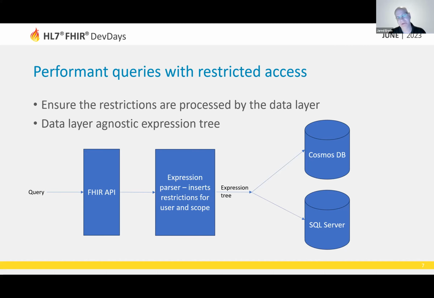And then by the time the expression gets down to the data layer, it's already filtered the way it should be. So the data layer itself will execute that query with all of the restrictions and all of the filtering already done. And the resultant data that comes back will be appropriate to the user and to the scope. And it can still be done in a performant way. There's really not much performance impact.